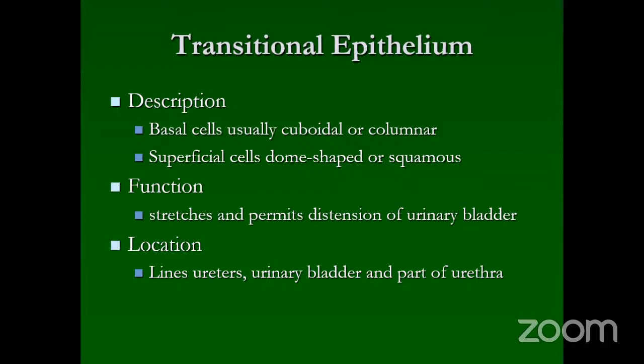In the urinary bladder, it has to increase in size whenever the urine quantity is more, right? Therefore, to permit this distension, it has the ability to stretch. Any doubts? Then they are present in the lining of the uterus, urinary bladder, and also part of the urethra.